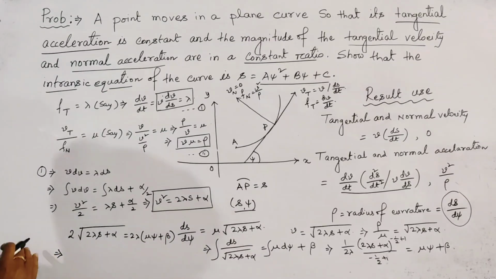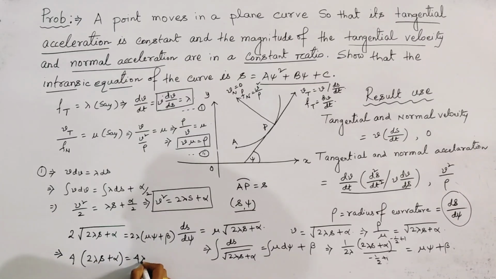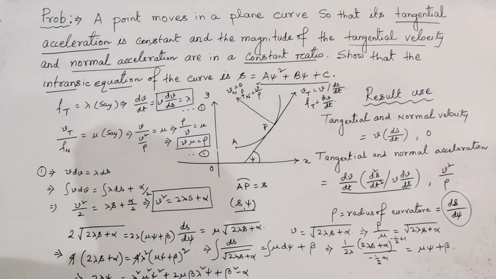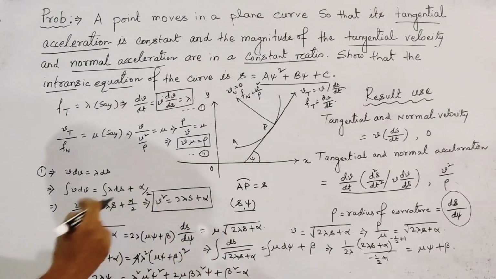Now squaring both sides, we get 4 into 2 lambda s plus alpha equals 4 into lambda square into mu psi plus beta whole square. The 4 cancels out, and we get 2 lambda s equals lambda square mu square psi square plus 2 mu beta lambda square psi plus beta square minus alpha. We write alpha on the right side.